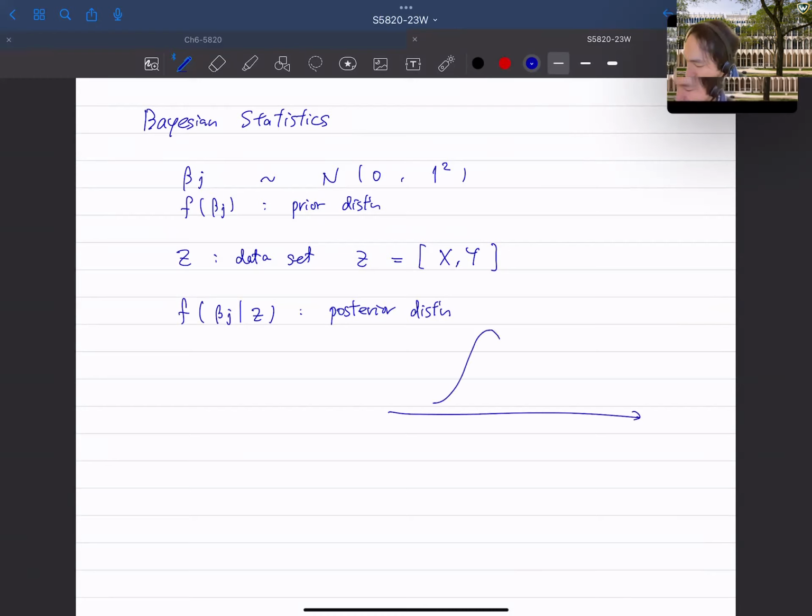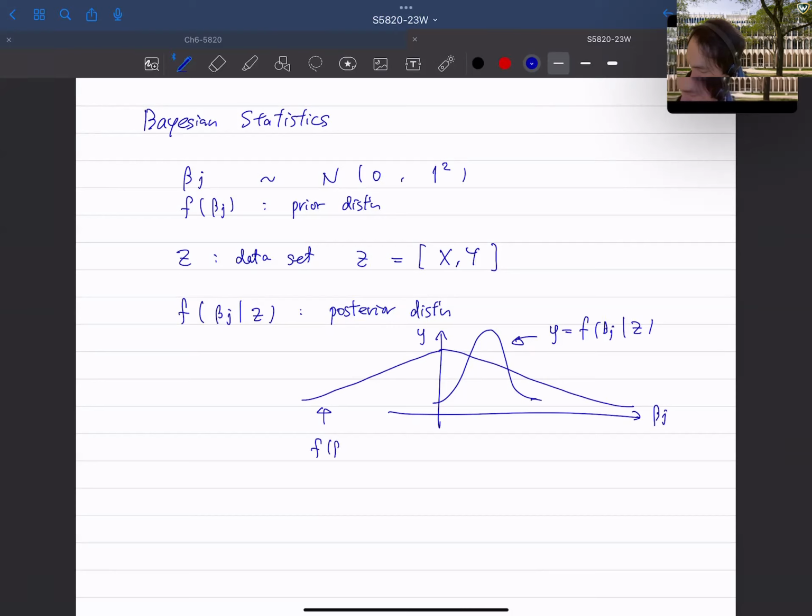Then you can get the distribution of beta j, which is f of beta j given Z. So we have the prior distribution like this, maybe a normal distribution, f of beta j.